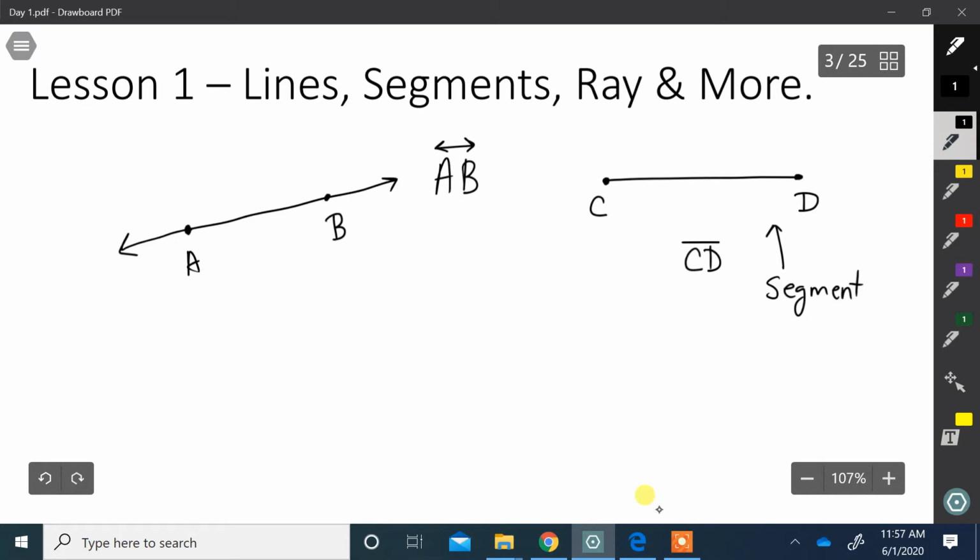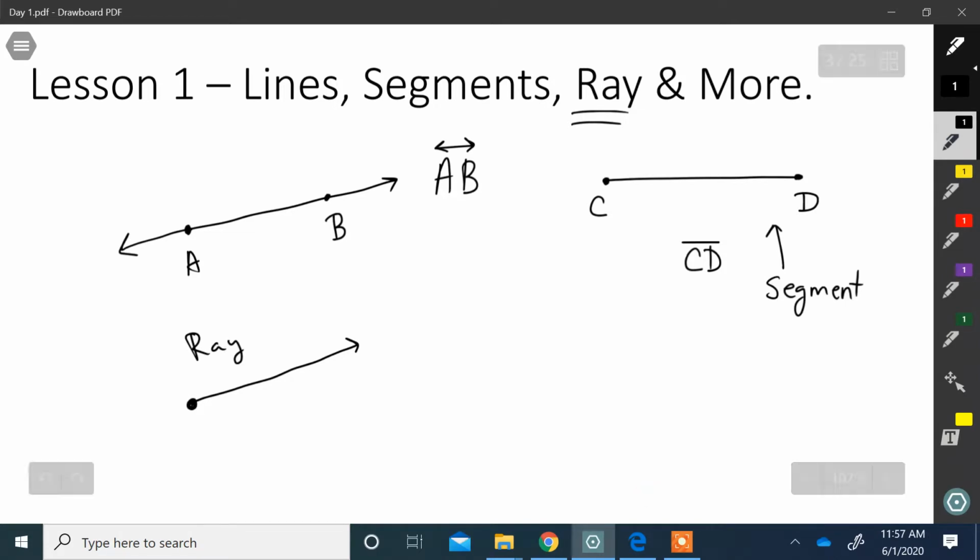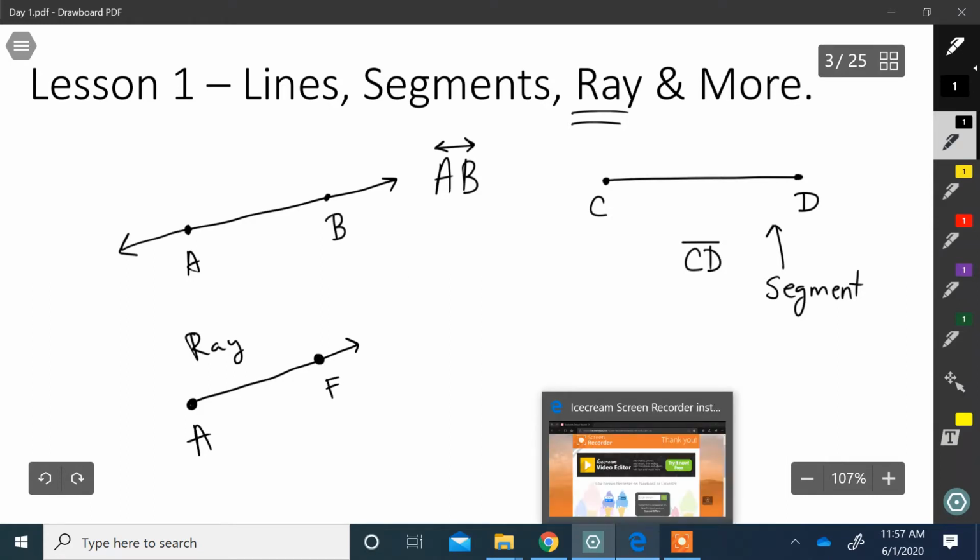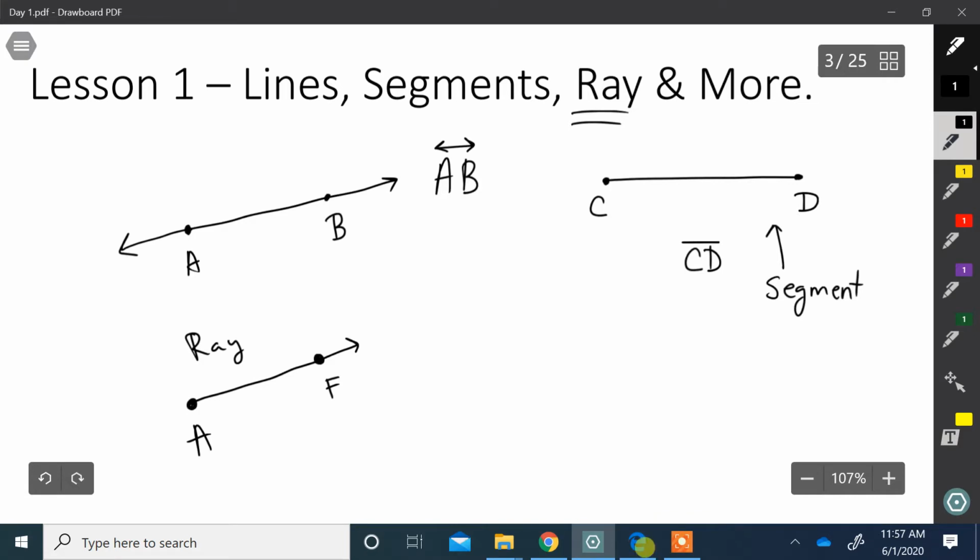Okay, we also have what we call a ray. A ray has a starting point, and then it has no end. So we can say A, and then we can put a point, let's put F. Then that ray could be AF like that, with an arrow.